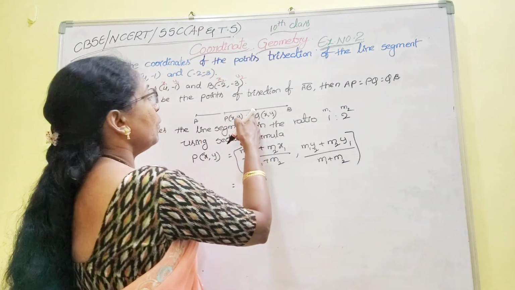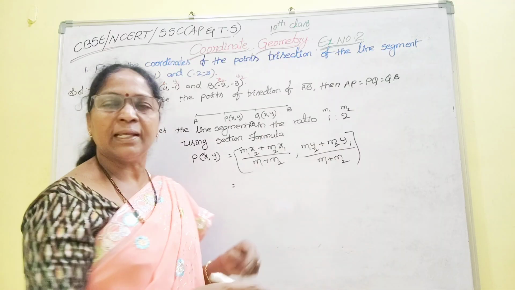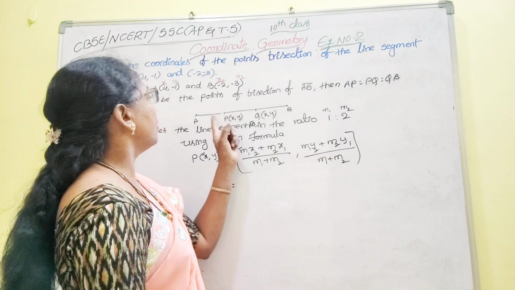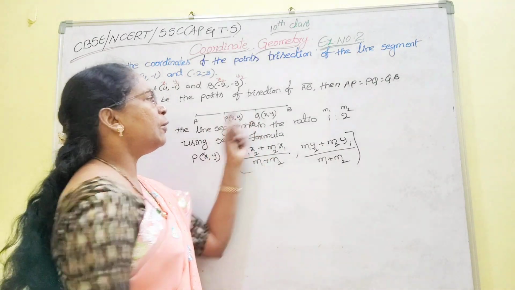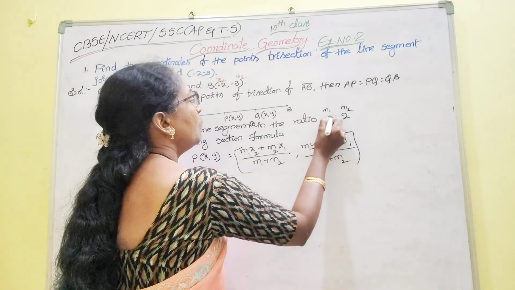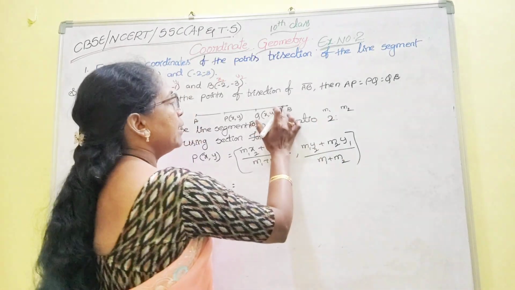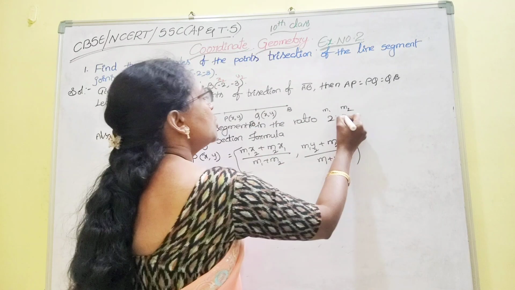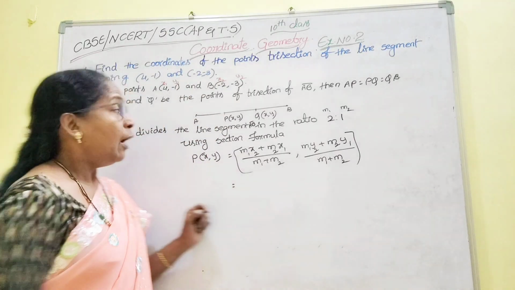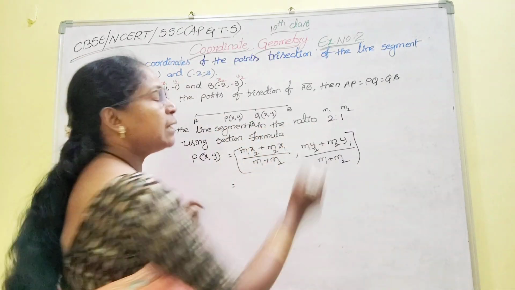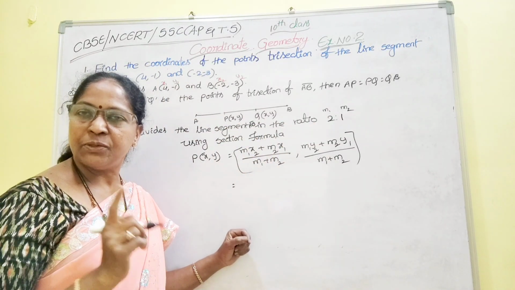But here Q divides this line segment in which ratio? Before Q how many parts are there? 2 parts, and after it is 1 part. So 2:1. Q divides the line segment in the ratio 2:1.